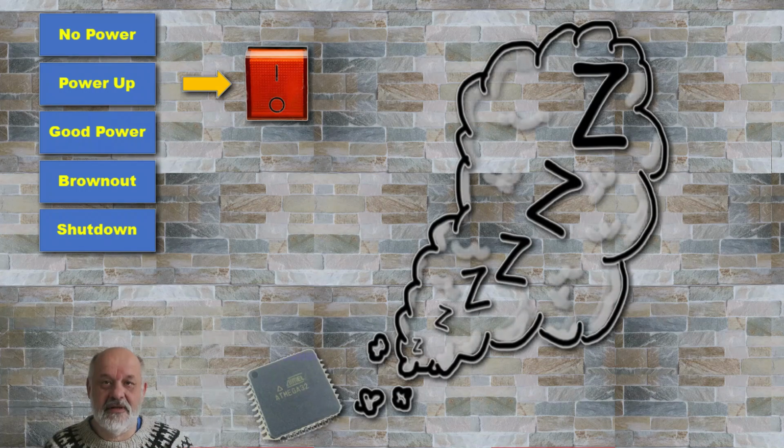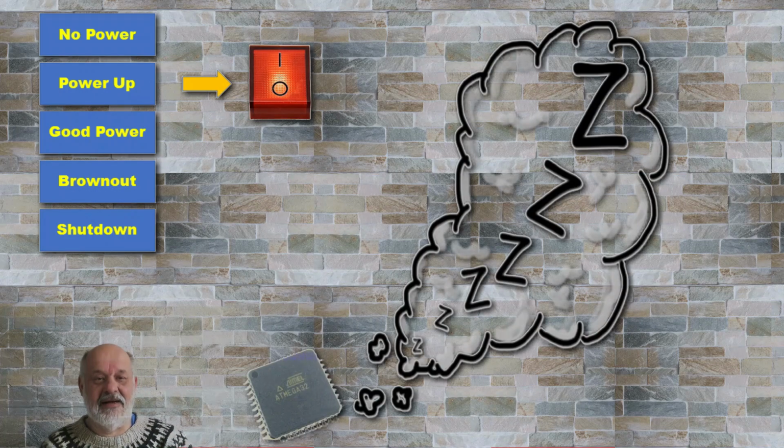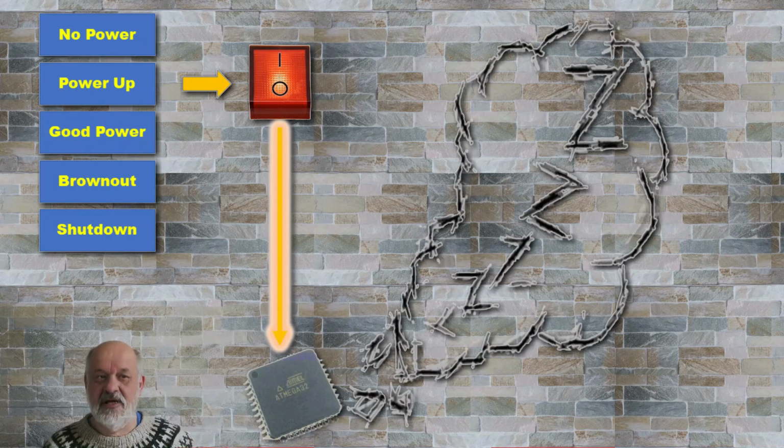Then the next state is when the power is switched on and the microcontroller starts to get some voltage, not enough to run, but it will be there, like idling. What does it do? And this state is actually very dangerous. You need to take care that your hardware behaves correctly in this state, when the microcontroller cannot execute anything, but you still have some power there.